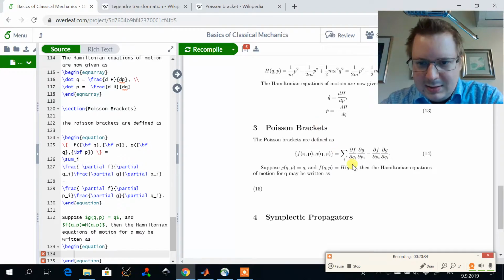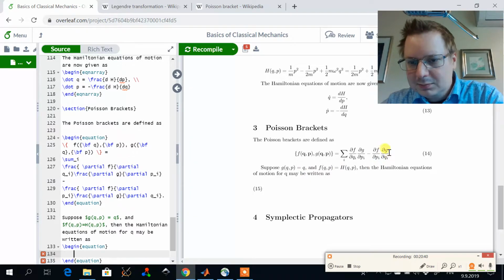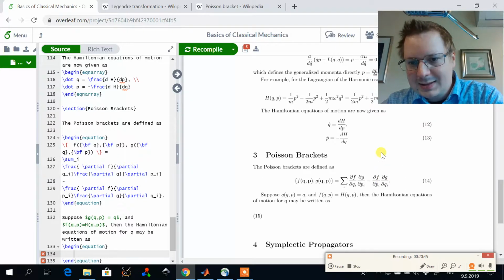Since g only depends on q, only this term will become 1. So we have minus the partial derivative of f, which is the Hamiltonian, with respect to p.